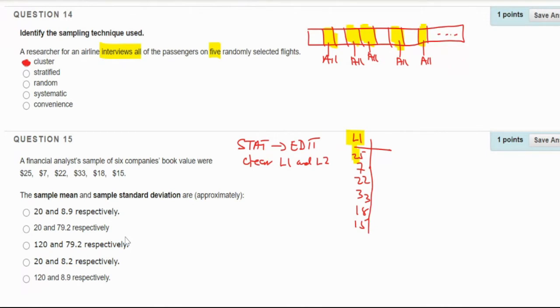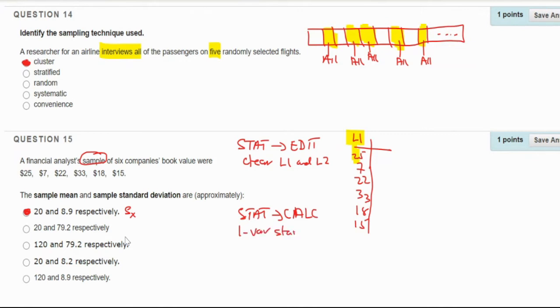I got 20 for the sample mean, and 8.9 for the sample standard deviation. That is correct. The reason is that you have to choose Sx, because they said we are dealing with a sample. For some of you, let me state this: from here, you're going to start again, then go to calc, then select 1-Var Stats.